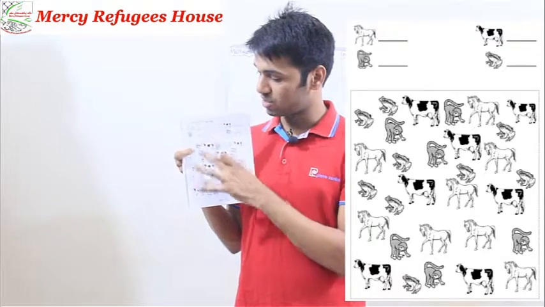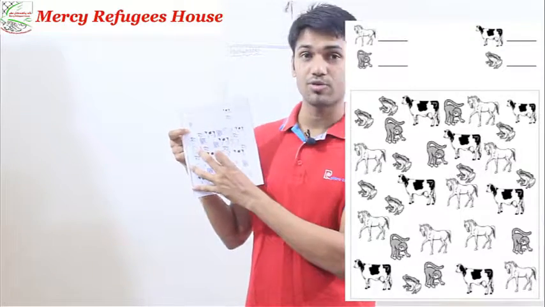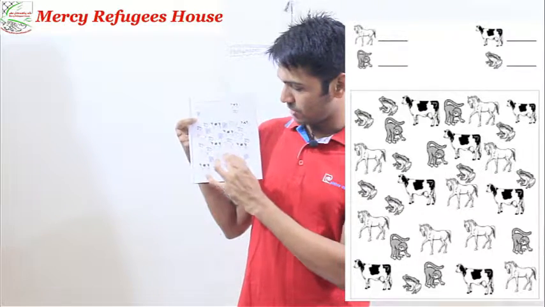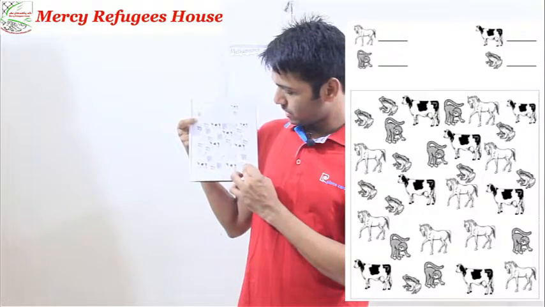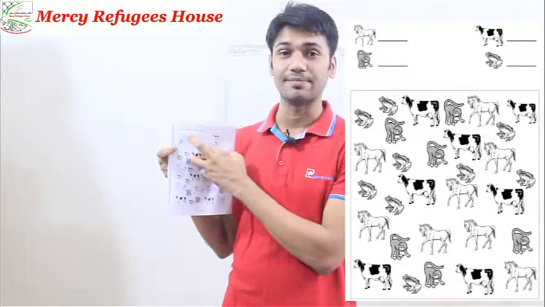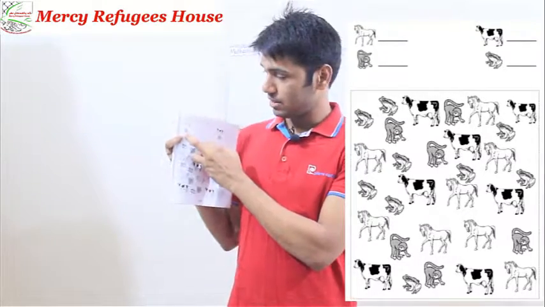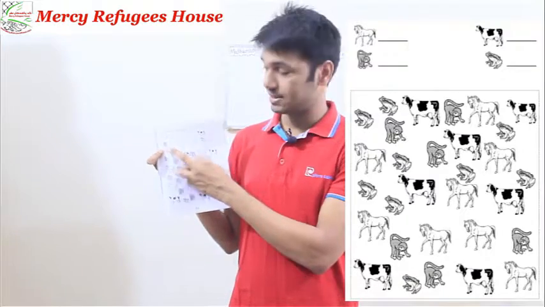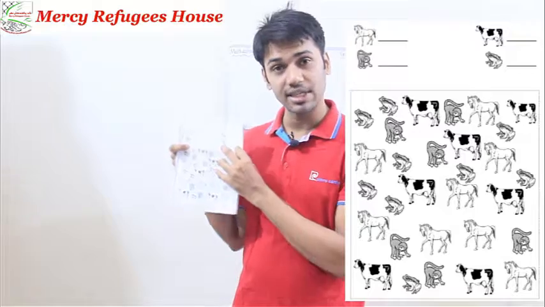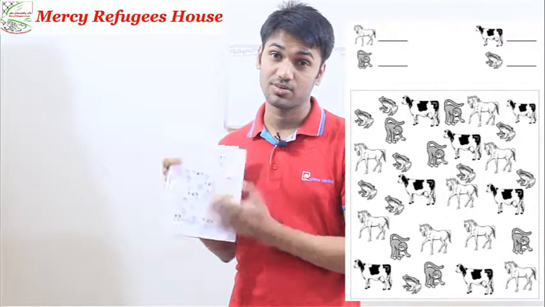For example, how many horses are there? They will be able to find out. Count this: 1, 2, 3, 4, 5, 6, 7, 8. We can see 8 horses, so they will write 8 here, right? They will do the same for the monkeys, the cows, and the frogs.